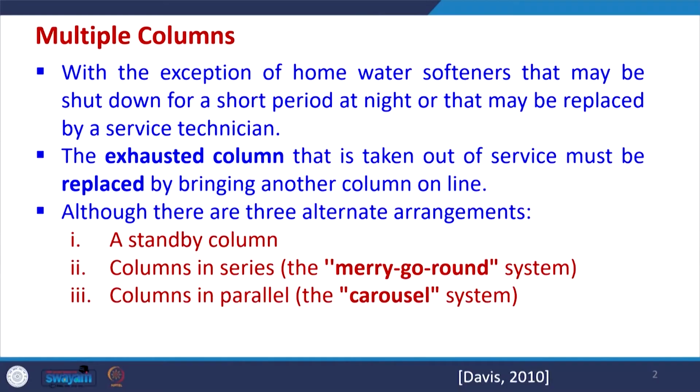Now, going further, when we are actually performing the ion exchange treatment for water usage, we always use multiple columns. We cannot perform the treatment in one column, because maybe 2-3 columns will be in operation mode, and one column will be in the regeneration mode. With the exception of home water softeners that are used in residences, we always have multiple columns which are used in industry or at a larger scale of operation.